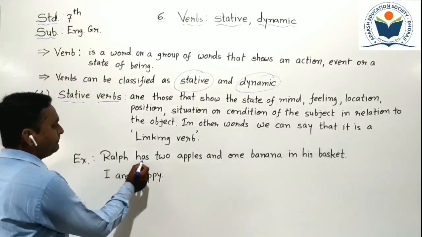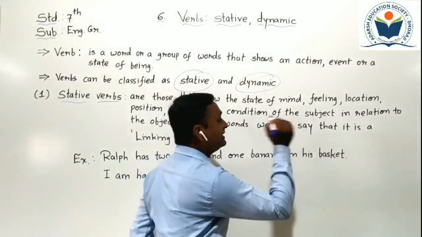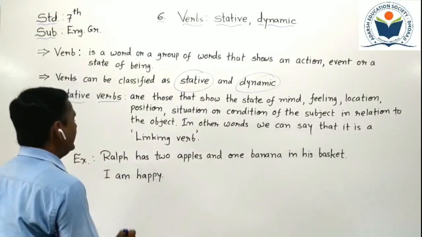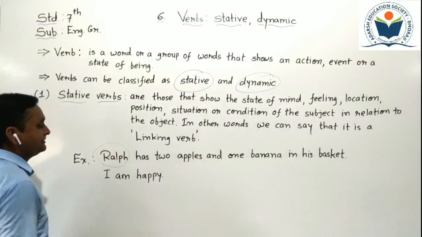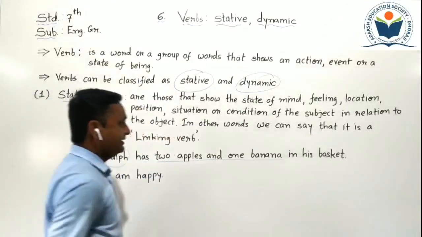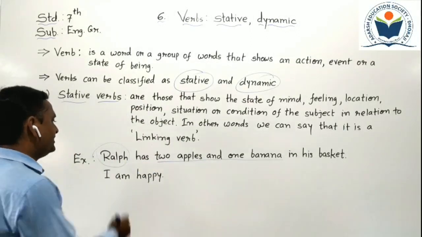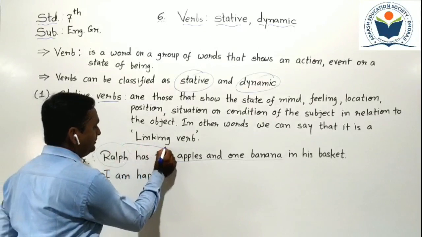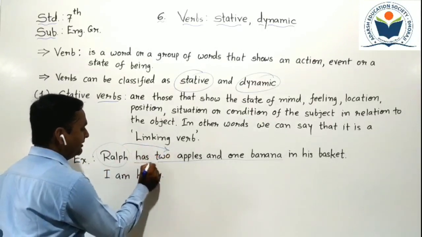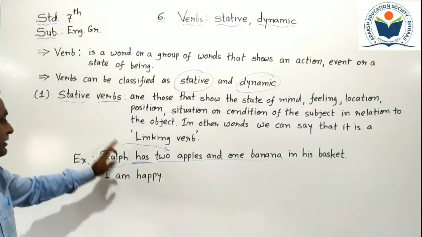See, Ralph has 2 apples and 1 banana in his basket. Here Ralph is the subject of that sentence. 2 apples and 1 banana is the object of that sentence. But subject and object are connected with a verb, linking verb or stative verb, has.